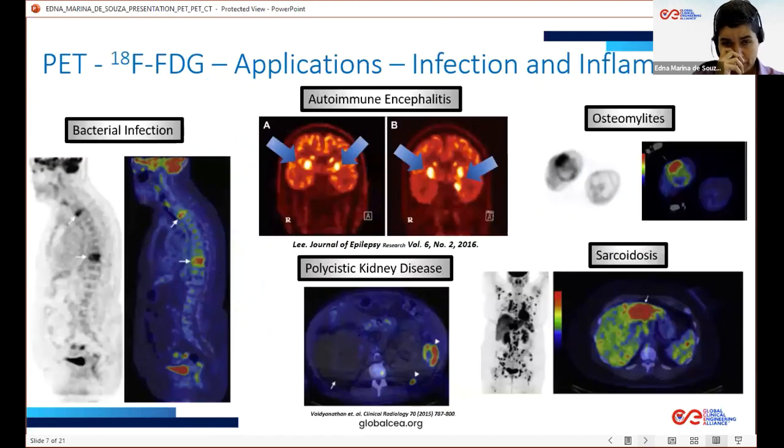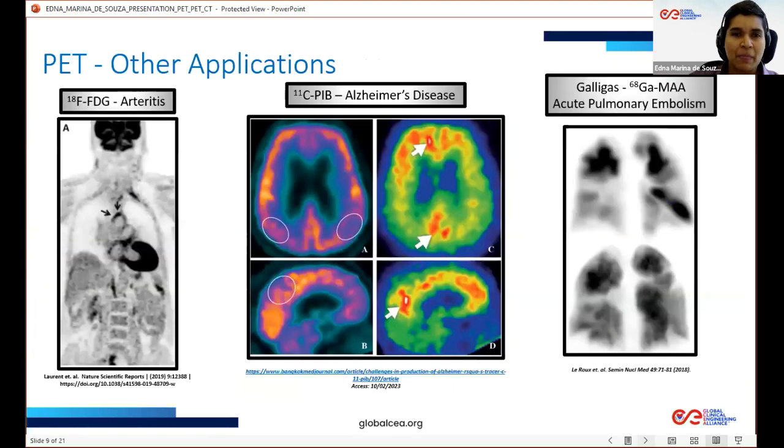Next, please. So here we have some other applications of FDG in case of fever of unknown origin, which can have many causes, such as bacterial infection, autoimmune encephalitis, osteomyelitis, and others. Next, please.